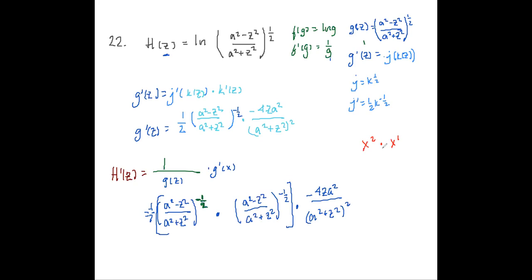You can always think about this as a simple thing. What does it look like if I just use my simple rules of exponents? It's going to be x to the 2 plus 1, right? So, because I'm multiplying two of the same thing, this is going to be a squared minus z squared over a squared plus z squared to the negative 1/2 plus negative 1/2, or to the negative 1.